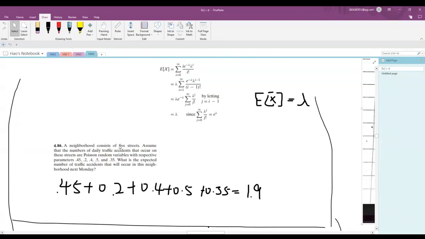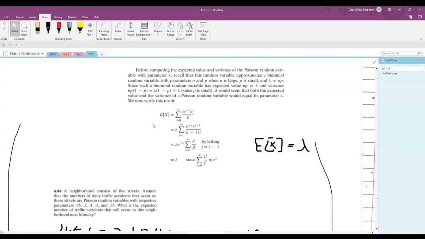A neighborhood consists of 5 streets. Assume that the numbers of daily traffic accidents that occur on these streets are Poisson random variables with respective parameters 0.45, 0.2, 0.4, 0.5, and 0.35. What is the expected number of traffic accidents that will occur in this neighborhood next Monday?